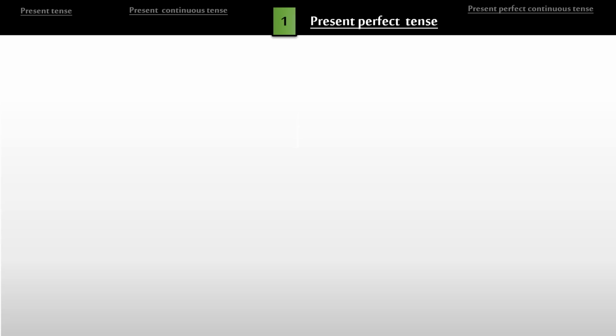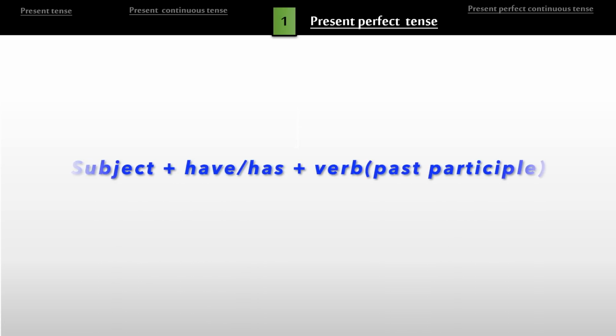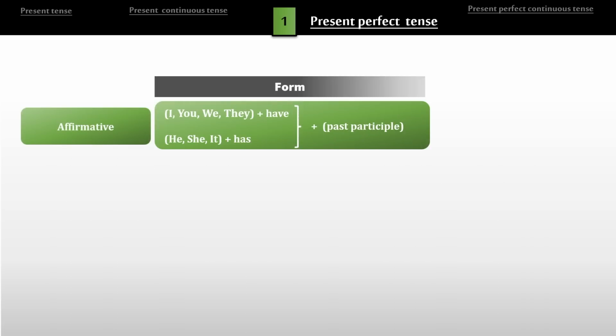Present perfect. This tense is used to describe an action that has taken place once or many times before now. The present perfect is formed from the present tense of the verb have and the past participle of a verb. Affirmative sentence. I, you, we, or they plus have plus past participle, and he, she, or it plus has plus past participle.